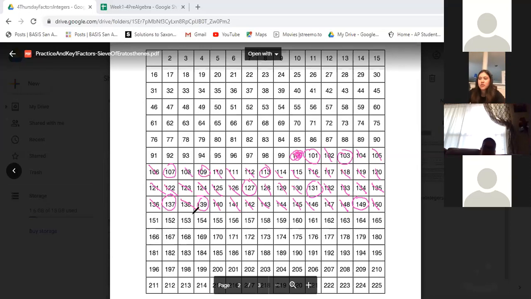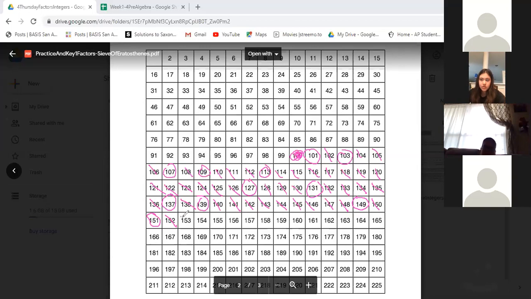All right, 151 is circled. 152 is crossed out. 153 is circled. You sure?